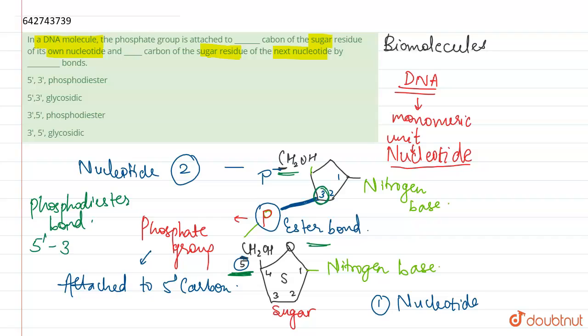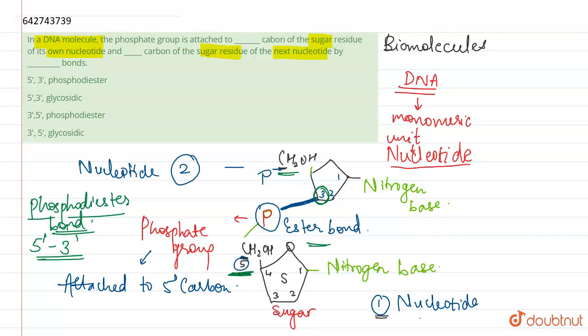So at the 5 dash 3 dash end, you are having which bond? The phosphodiester bond. Now let's see the options and get to the conclusion. So DNA molecule, first the phosphate group is attached to the 5 dash end of the sugar residue of its own nucleotide. This is the one.